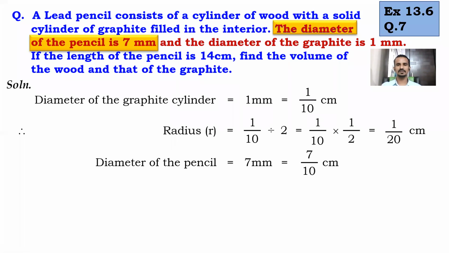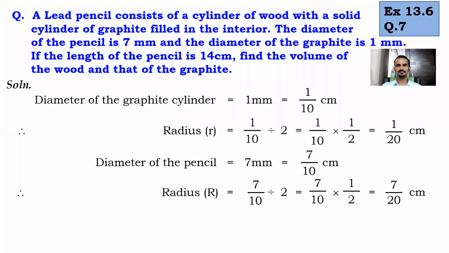Now to convert it into radius, we'll divide by 2 again. So the radius, the capital letter R, is also the outer radius. The radius is 7 upon 10 divided by 2, which is 7 upon 10 multiplied by 1 upon 2, so that will become 7 upon 20 centimeters.